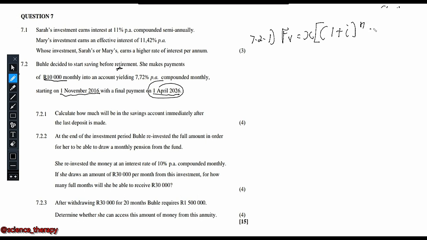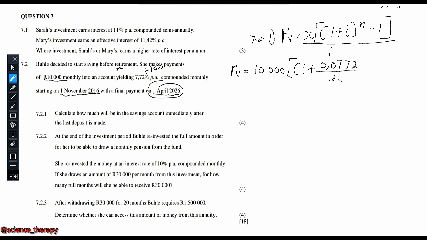There we go. And then what's X? X is the regular installments that are made. Then 1 plus the interest, 7.72%. So this divided by 100, it becomes 0.0772. Then over 12. And then for n, that's where we put the 114.